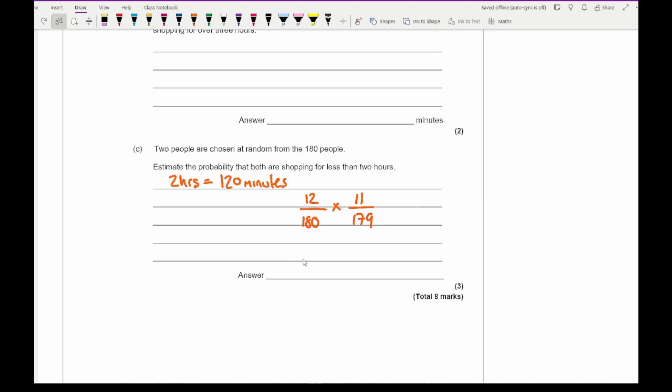If I type that all into my calculator, so 12 divided by 180 multiplied by 11 over 179, I get an answer of 11 over 2685, or that gives me a decimal answer of 0.004096, and any of those answers would be fine.